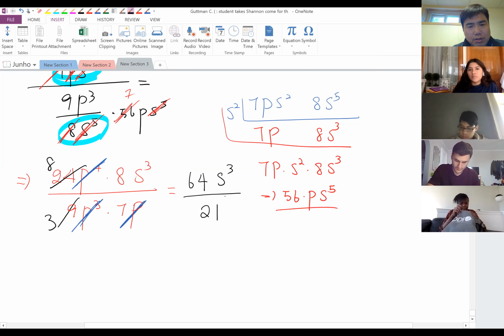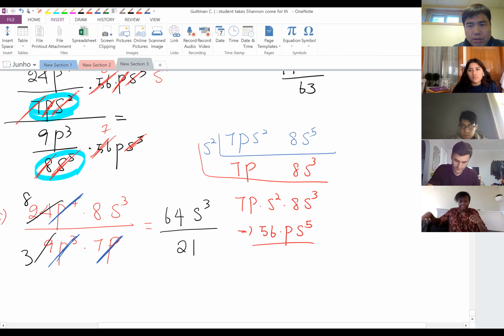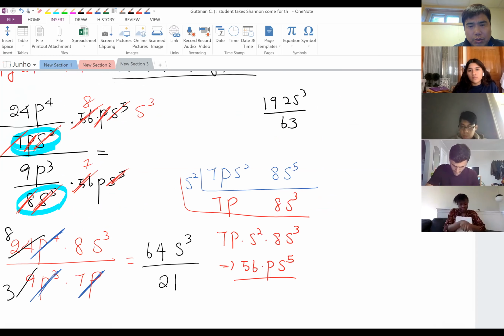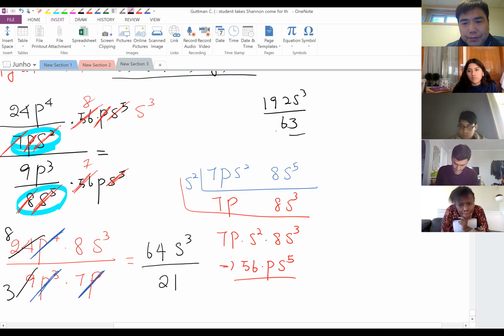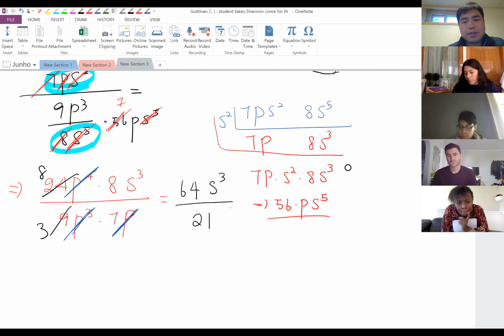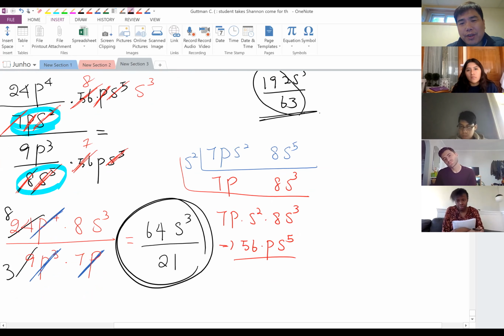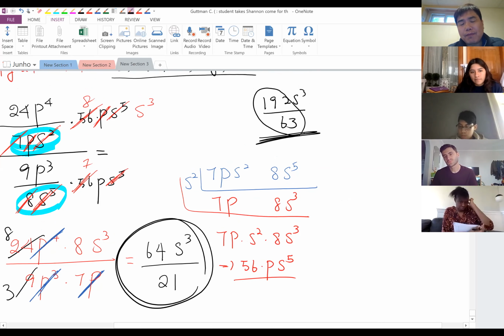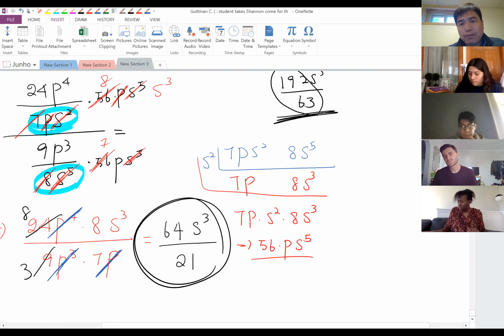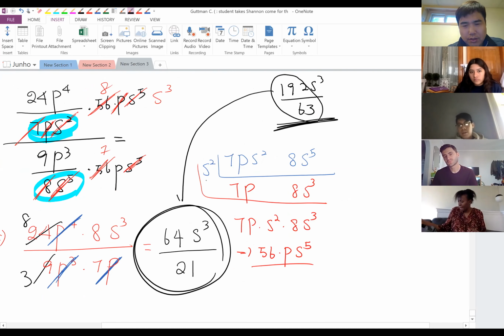Did we get this answer? Somehow we got a totally different answer, and then actually we need to simplify this one too. That's the reason. So the answer becomes 64 S cubed over 21. Even though that's the correct answer, it is not completely simplified, so be careful. We need to go until here basically.